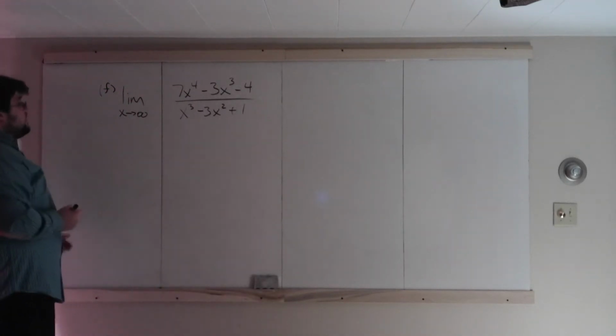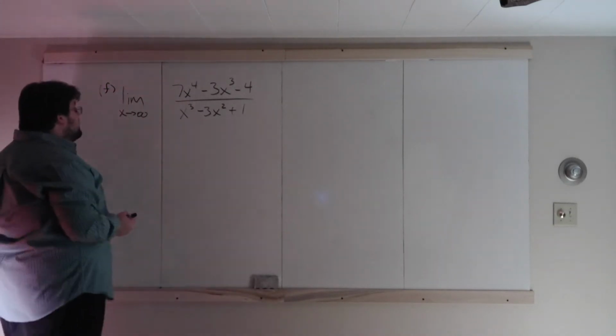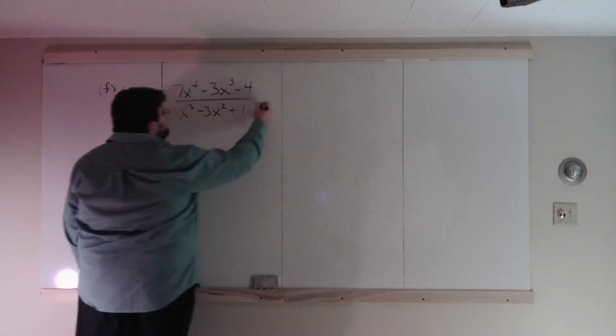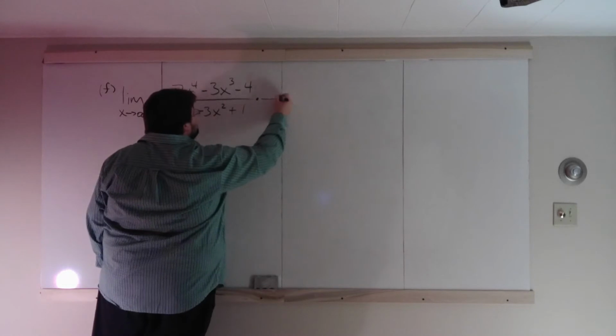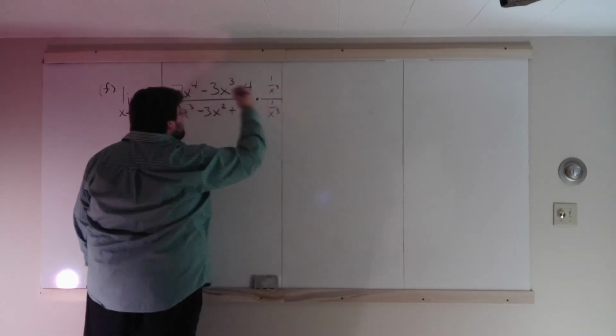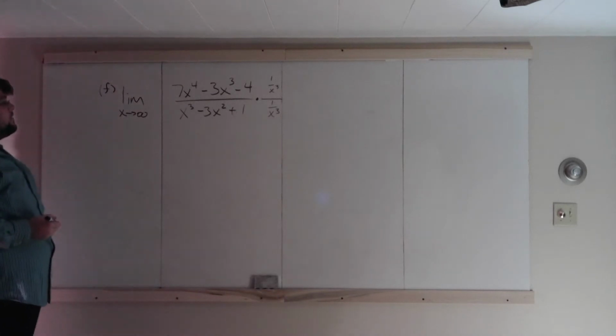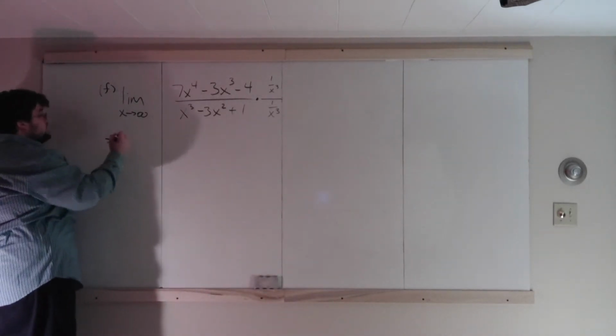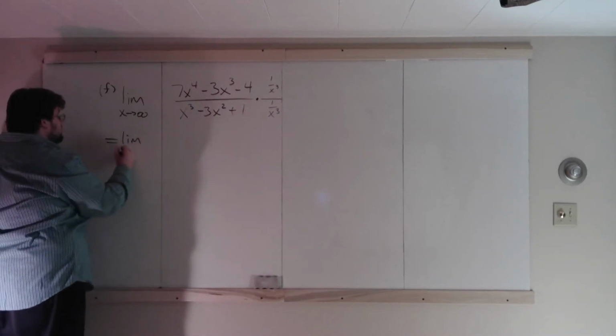Well, again, we have a rational function, limit as x goes to infinity. We look at the largest exponent on the bottom. It's 3. And we multiply by 1 in this form: 1 over x cubed over 1 over x cubed, because the degree of the denominator is 3.